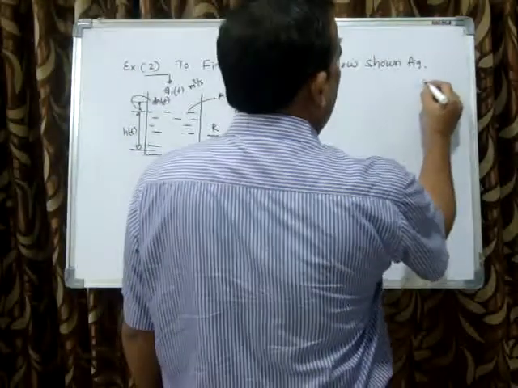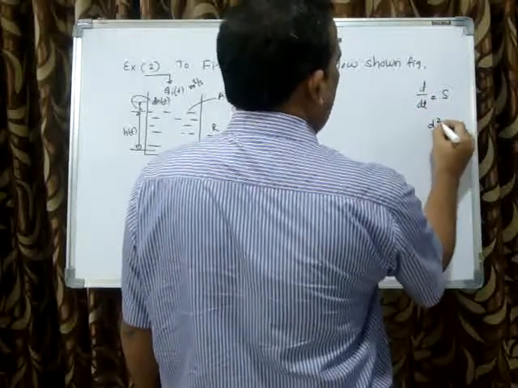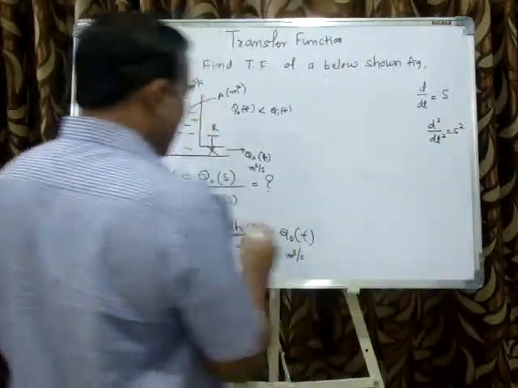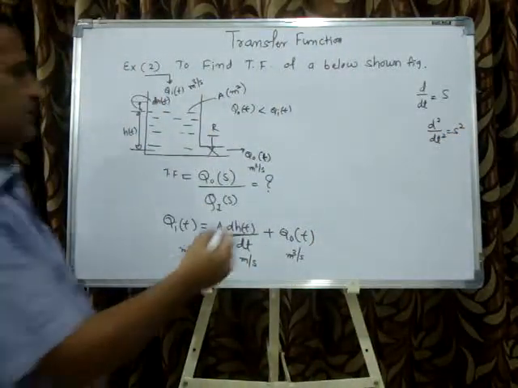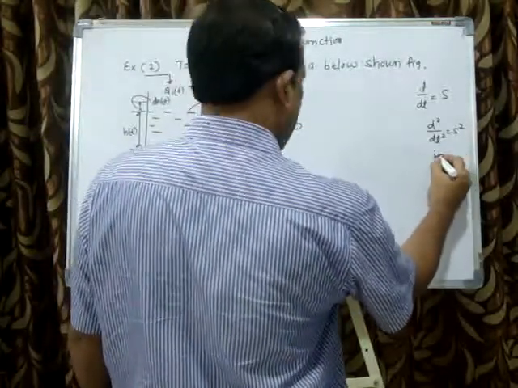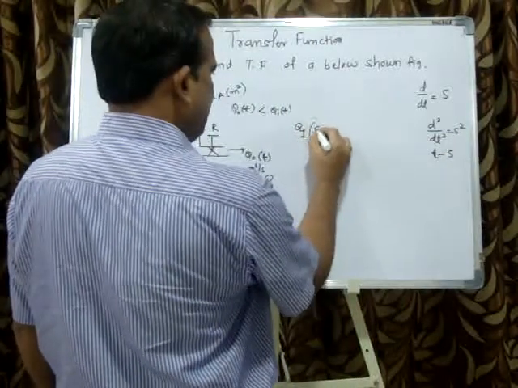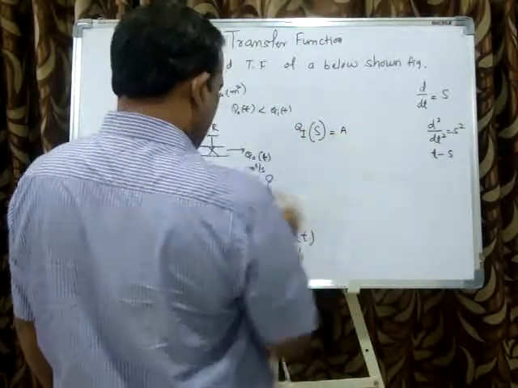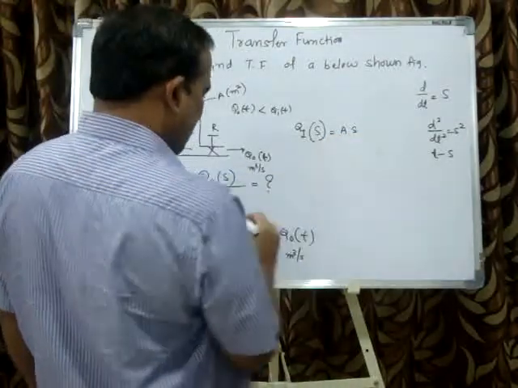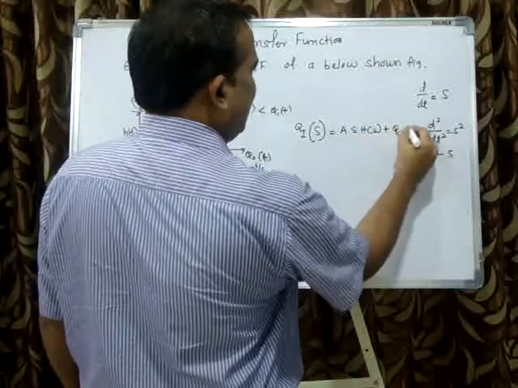We know d by dt is S, and d square by dt square is S square. Now I will apply the Laplace transformation to this equation: Qi of T becomes Qi of S, equal to A times S times H of S, plus Q0 of S.